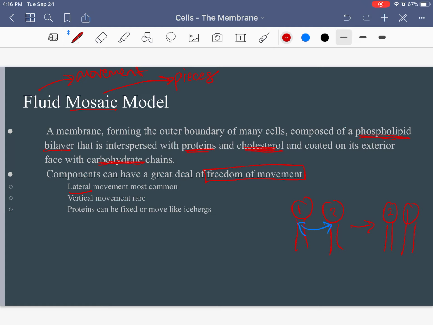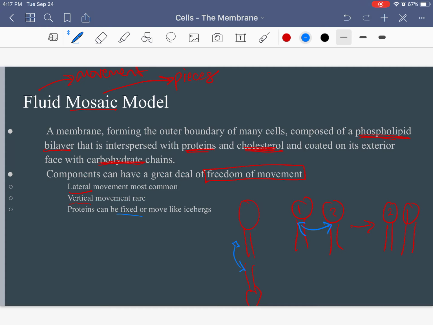So they'll flip sides. Proteins will move around. They'll migrate from side to side within the cell membrane. You will occasionally see vertical movement where they'll flip like this, but it's extremely rare that you see them flipping like this.